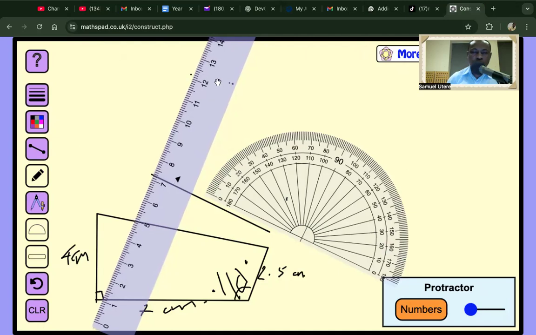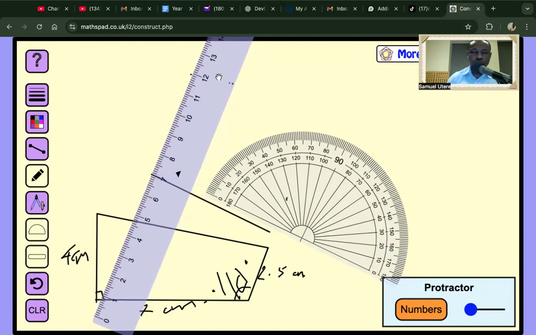So my protractor mark is at 7. To get 4.5, I'm going to get up to 11.5, because 7 plus 4.5 is 11.5. So that is where my mark should end.